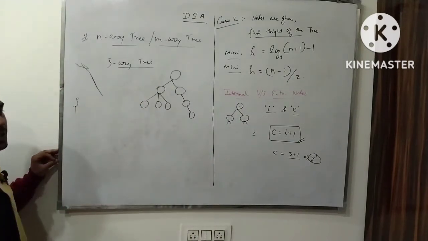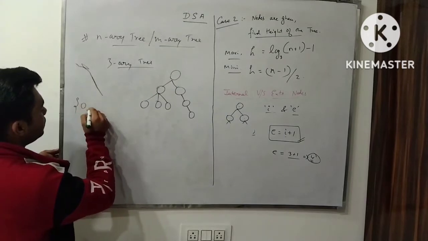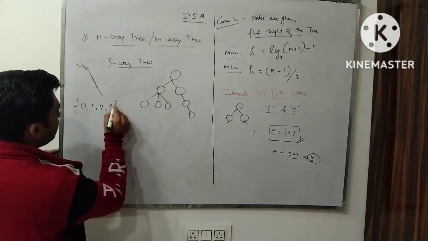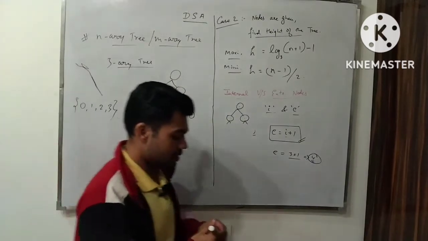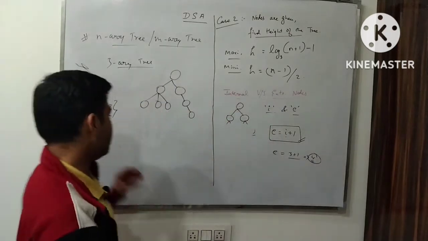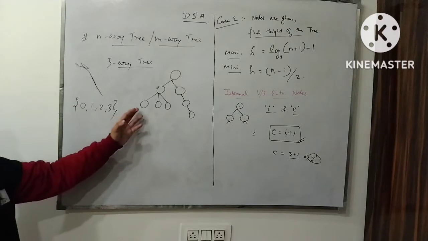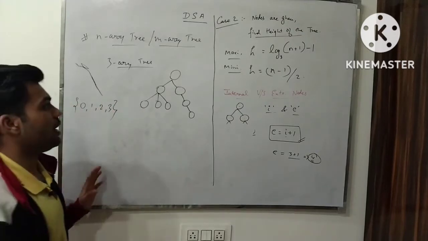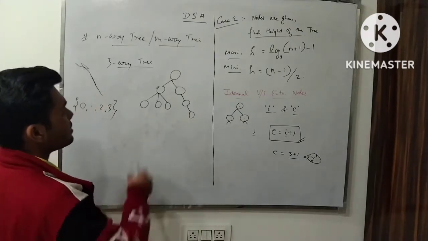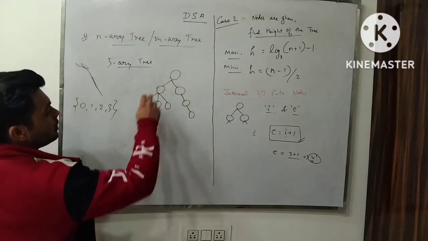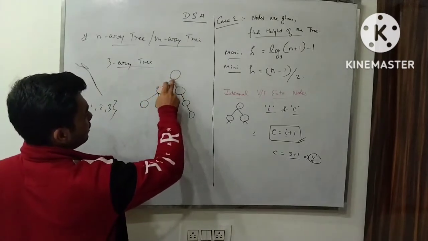It is a tree whose nodes have either 0, 1, 2 or 3 children. A tree which has either 0, 1, 2 or 3 children per node is called a 3 array tree. So this is an example of a 3 array tree, because this parent node has these 2 children.